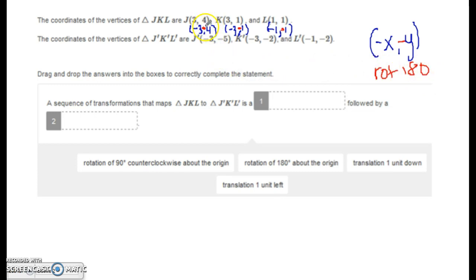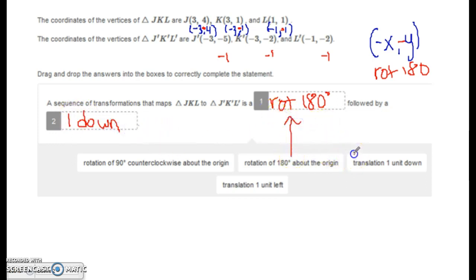And then we can go from -4 to -5 by subtracting 1. We can go from -1 to -2 by subtracting 1. -1 to -2 by subtracting 1. So the two transformations here would be a rotation of 180 degrees and then a translation 1 down. And I know it's going down because I'm subtracting from the y value, which is what's moving it down.